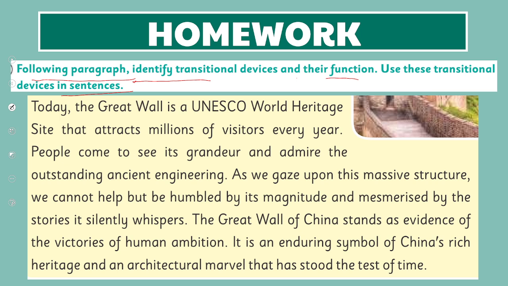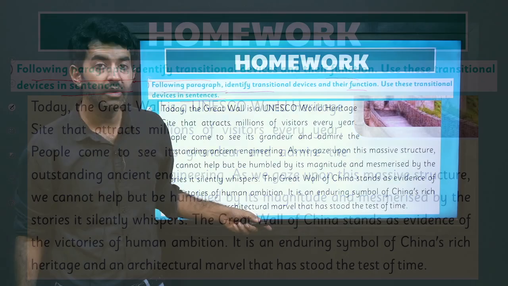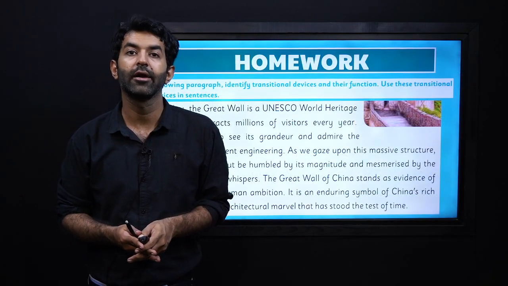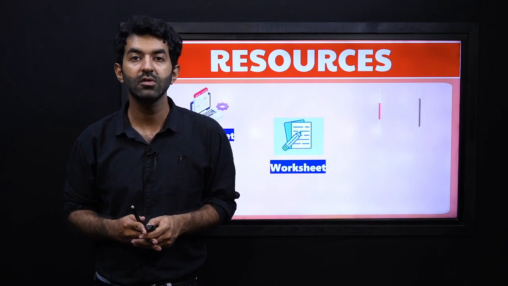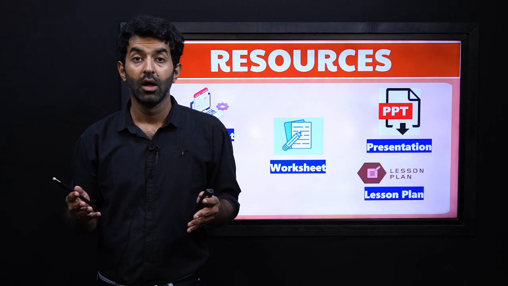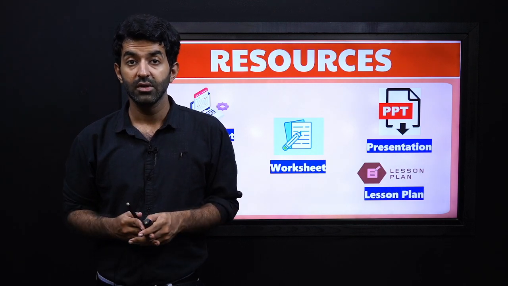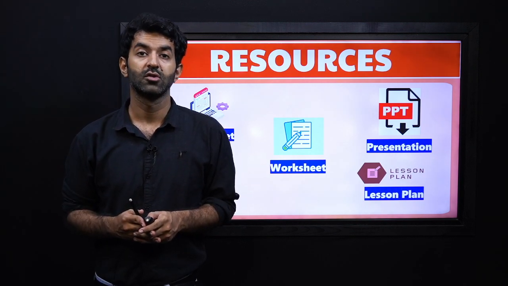All right, so you can read it. It's a very short passage, and find out the transitional words. These are your resources that are attached with the other things. They can be accessed from the description of the video.